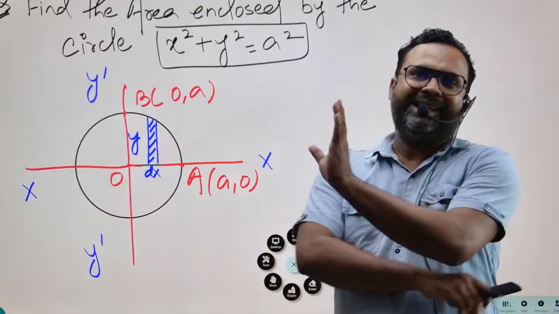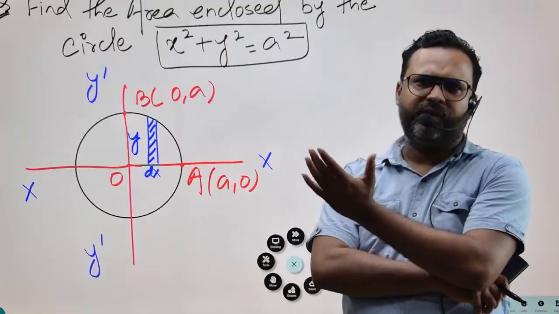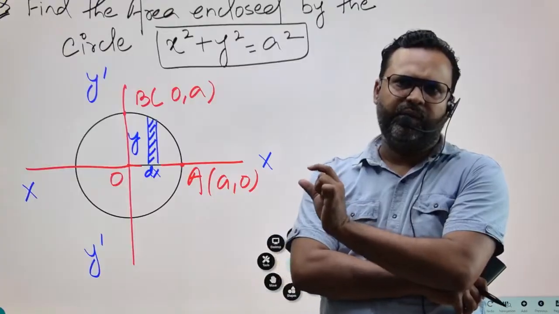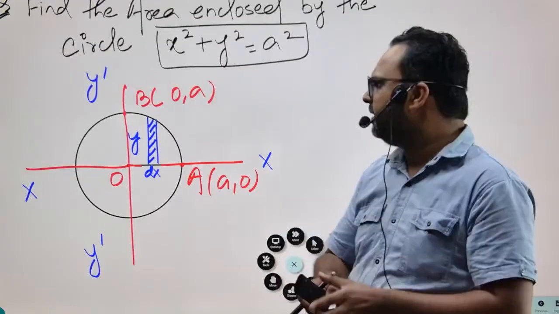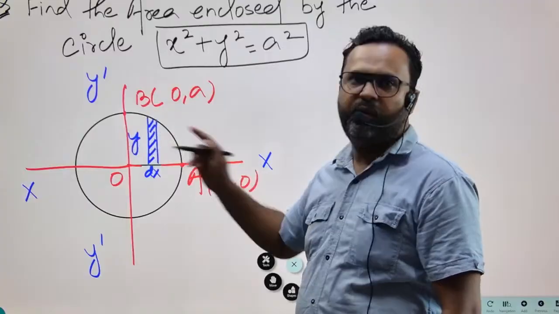In order to find the area, basically what we do is, it is equal to 4 times the area of region OABO. If you observe, that means this one, OABO.